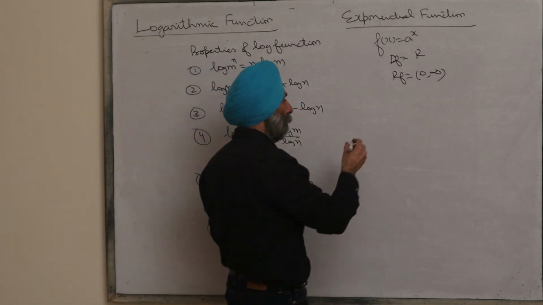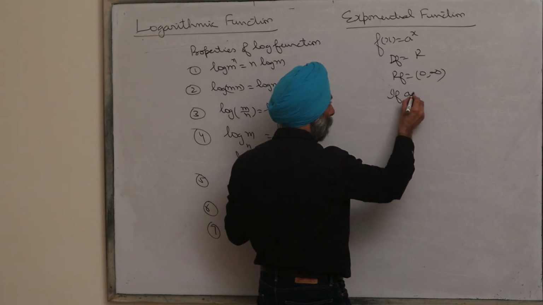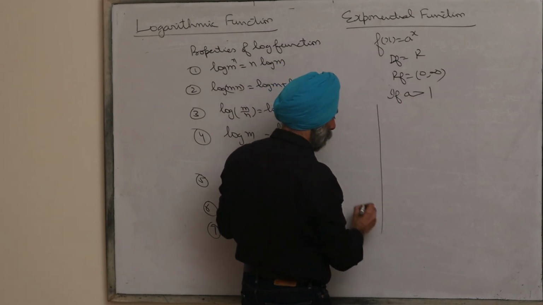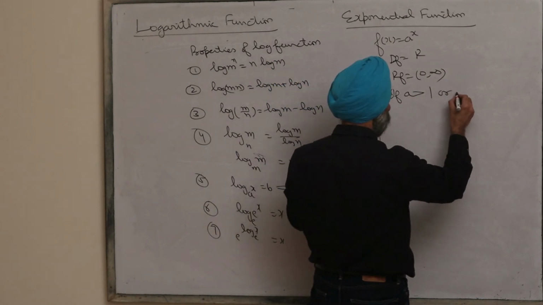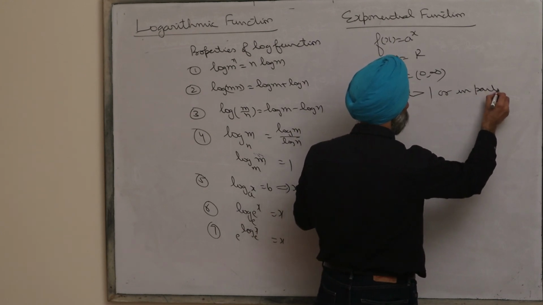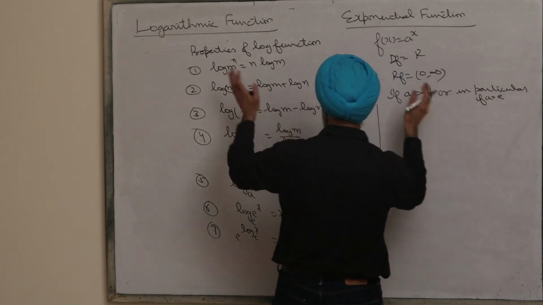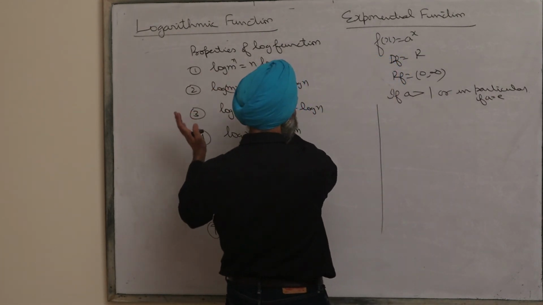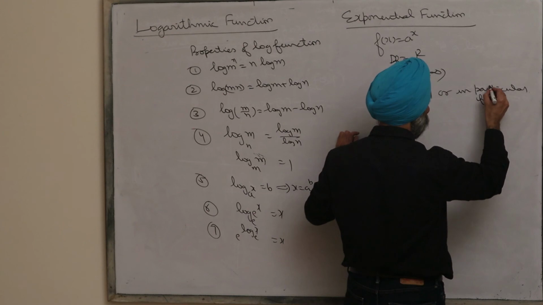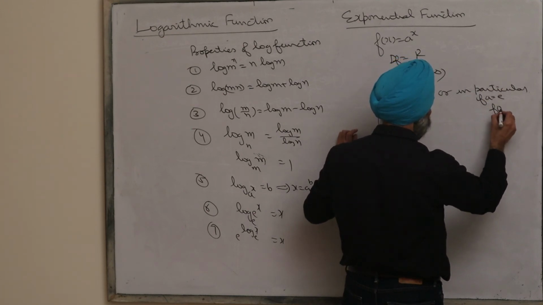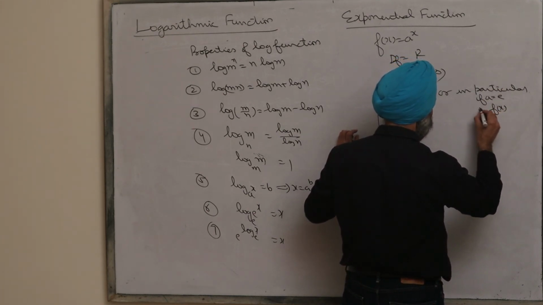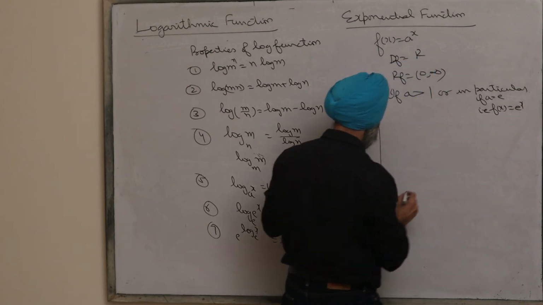Now if a is greater than 1, or in particular if a is equal to e, because we have already discussed the graph of log of x to the base e, where e is called the exponential constant. So if a is equal to e, that is f(x) is equal to e raised to the power x.